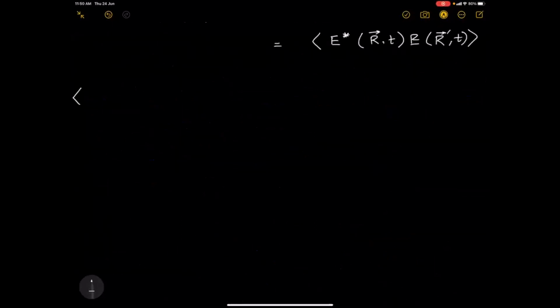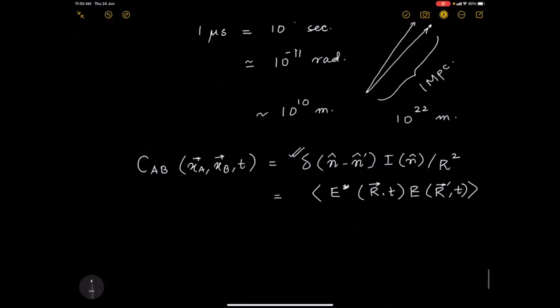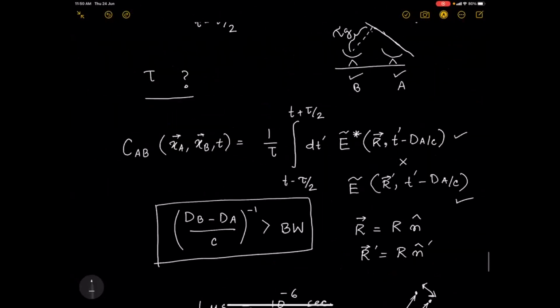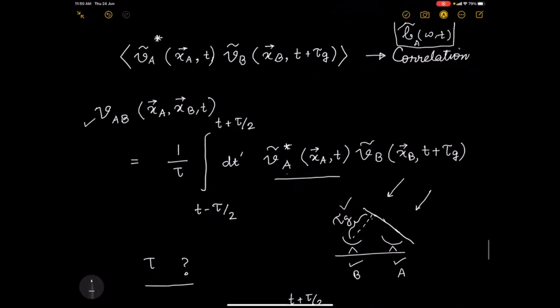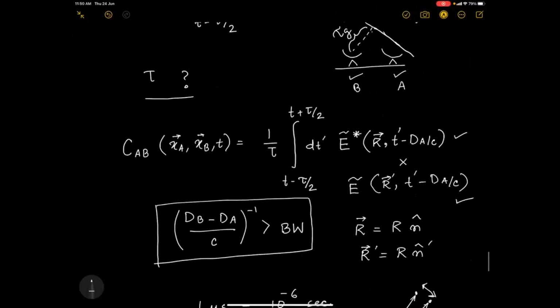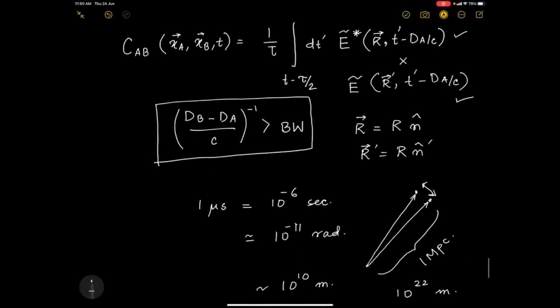So we are calculating this quantity, or let's see. So we are calculating this quantity. So I'll just write that, which is the correlation of the voltages from the 2 different antennas.